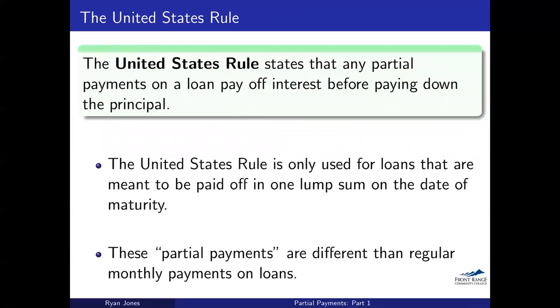And the nitty gritty of this rule is just that if you make a partial payment, a payment that's not the full amount that you owe, your payment first pays off the interest that has accrued. So you might take a $5,000 loan, and partway through that loan period, you've accrued $300.52 of interest.